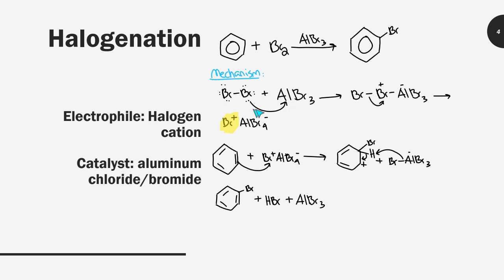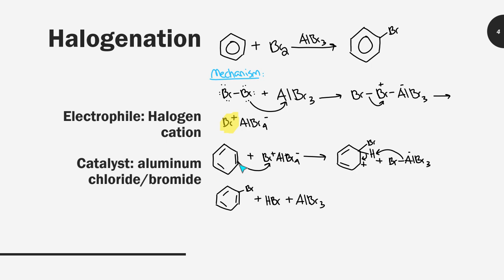When it reacts with a catalyst, a lone pair of electrons from bromine will go to the aluminum and form this bond here, which forms a negative charge on the aluminum and a positive charge on the bromine. Now this bromine to bromine bond will break, and I end up with a bromine cation and then this counter anion. So this is my electrophile, and now I can add this to the ring.